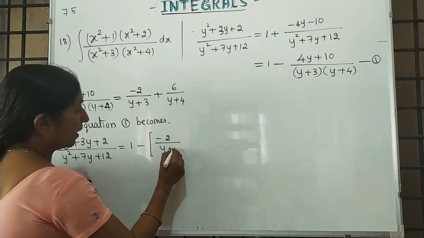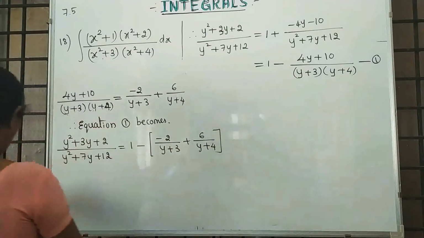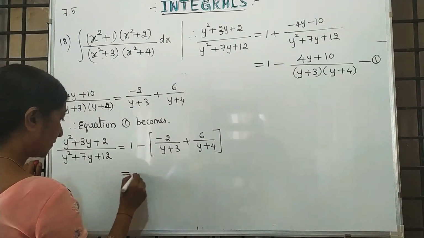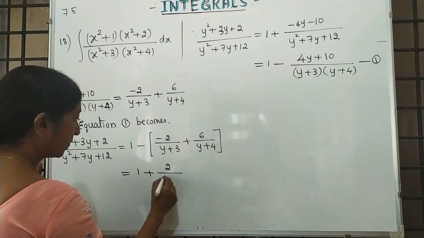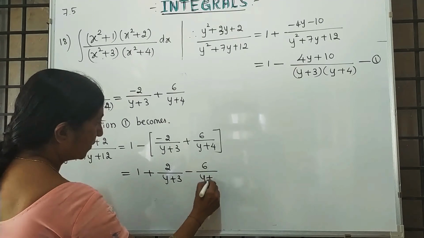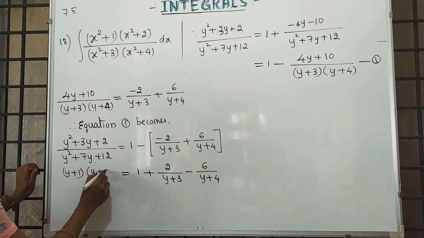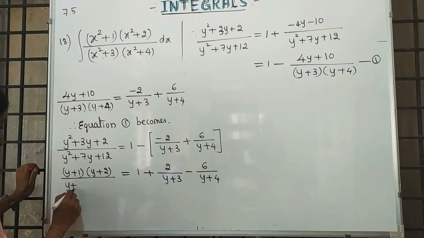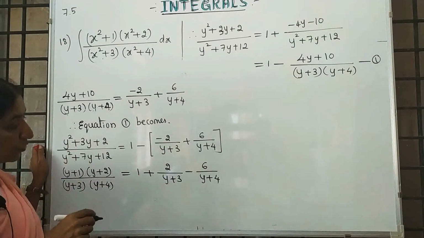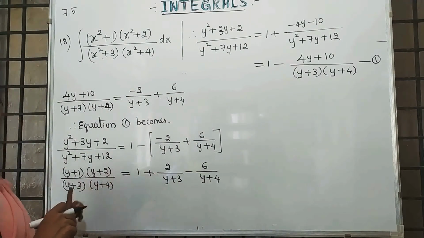Next, remove the bracket, take minus inside: 1, minus into minus becomes plus 2/(y + 3), minus into plus is minus 6/(y + 4). Now the left side is (y + 1)(y + 2)/((y + 3)(y + 4)). And remember, when we did the substitution, we did not differentiate, because we wrote it without integration. So here we cannot integrate this.